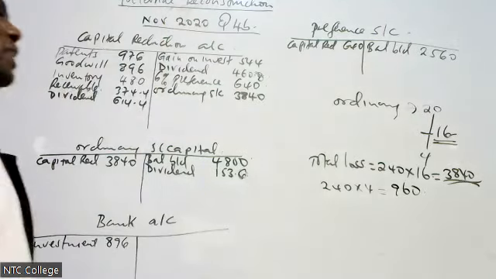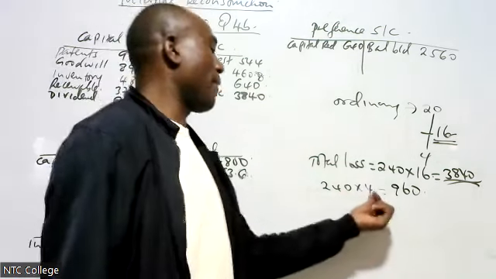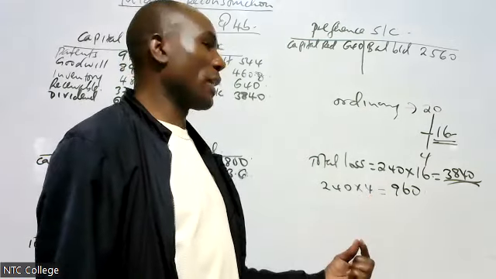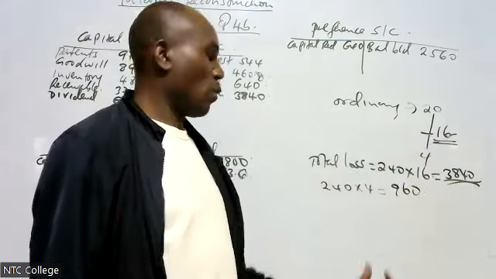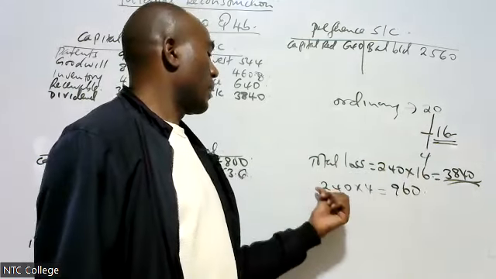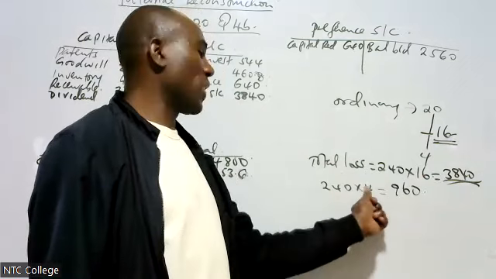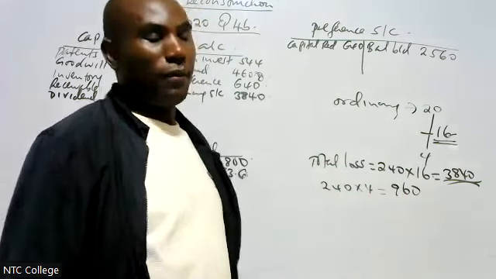That is the value of the shares we are remaining with, because we have reduced our par value to shillings 4.